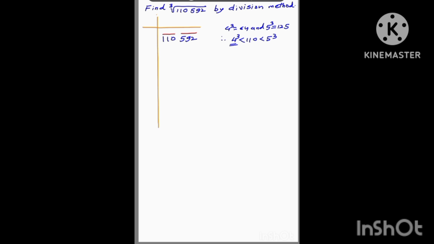So we consider the lower one. Take 4. Okay, write 4 there, and 4 cube is 64. Below that 110. Subtract it and the subtraction result is 46.